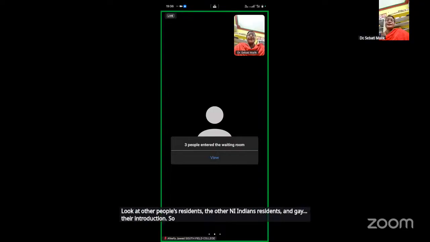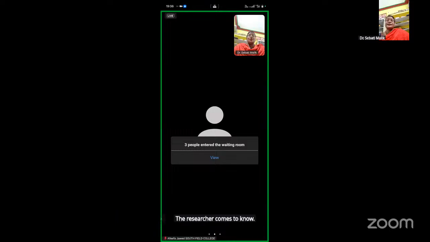So in this process, the researcher comes to know one after another the Indians who are living in London and who have some issues there. So this is snowball sampling.